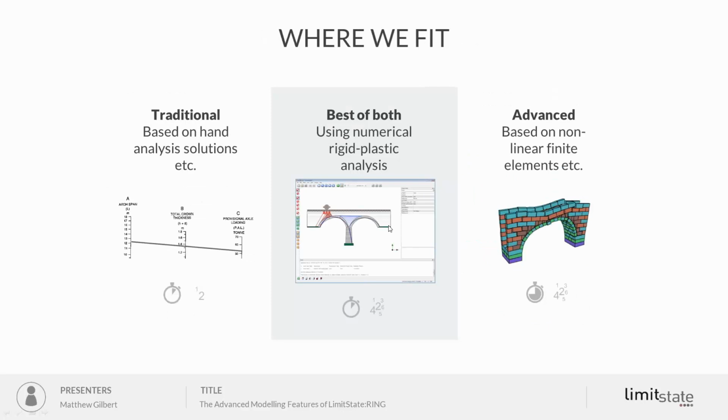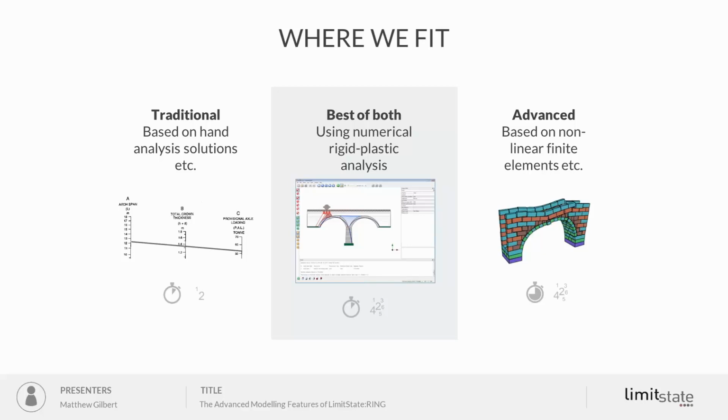In terms of where we fit in compared with other tools that are available, on the one hand, at the simple end of the spectrum, we can think of hand calculations or spreadsheets or very simple software applications that automate hand calculations. At the right hand side, you can imagine much more complicated tools, for example based on finite elements, discrete elements, and so forth. And where we position ourselves is right in the middle. We try to deliver the best of both.